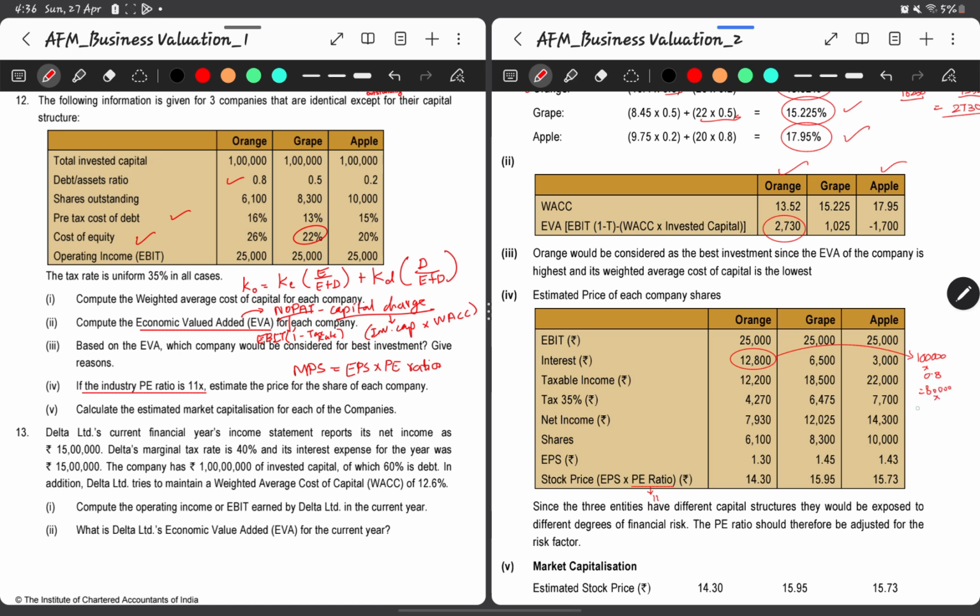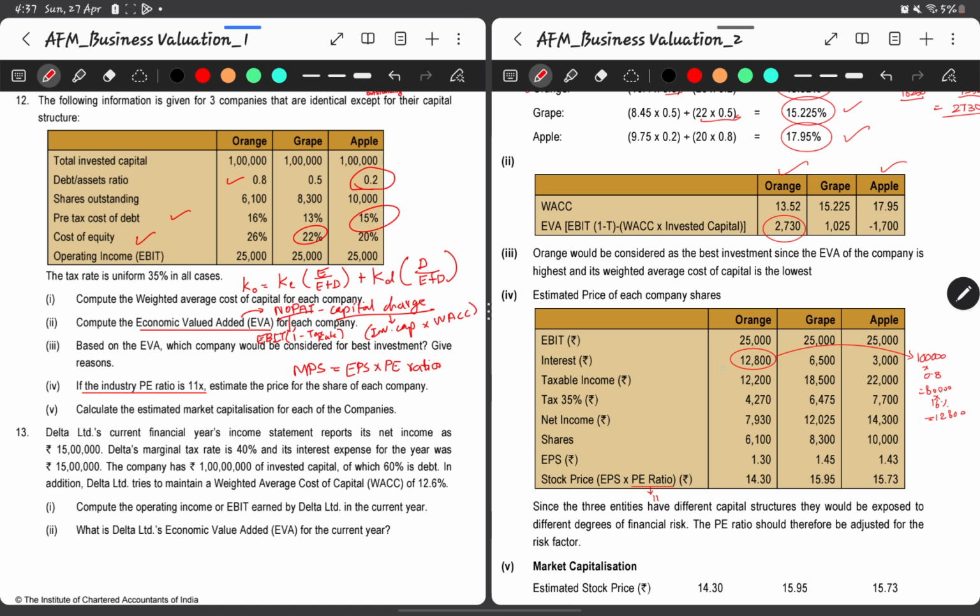Then we know the cost of debt is 16%, which is nothing but 12,800. Same way for grape, 1 lakh multiplied by 50% multiplied by 13% cost of debt. And in case of apple, 20%, so 20,000 multiplied by 15% will give us the interest portion.